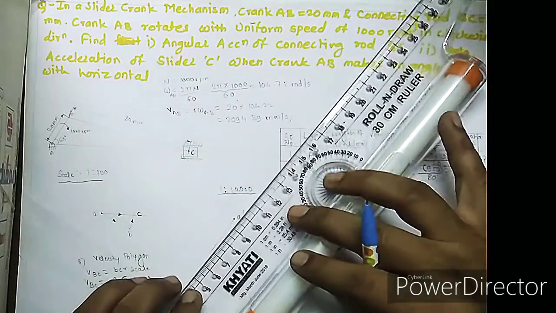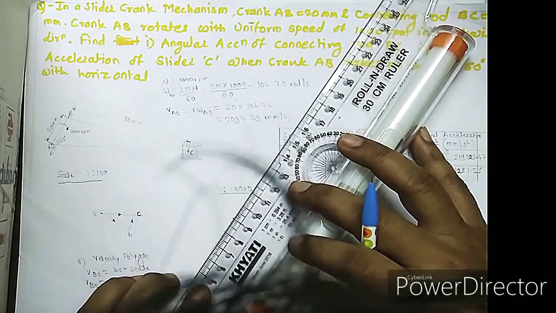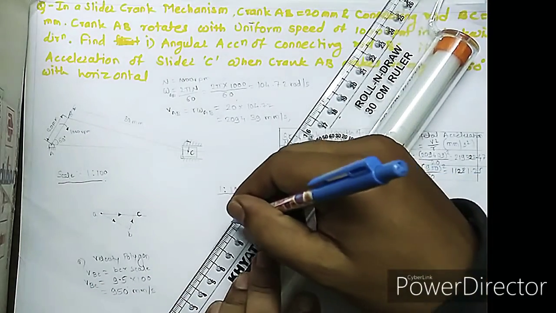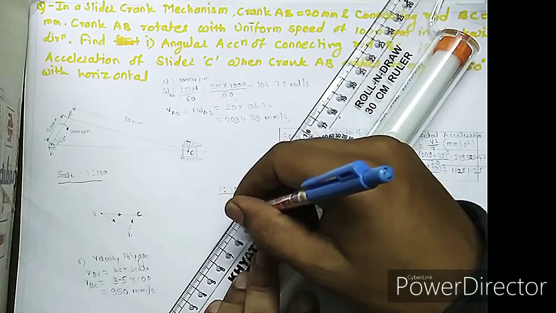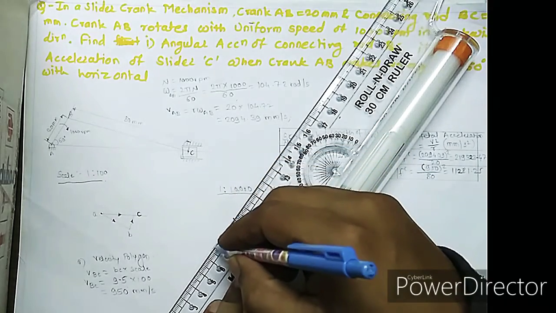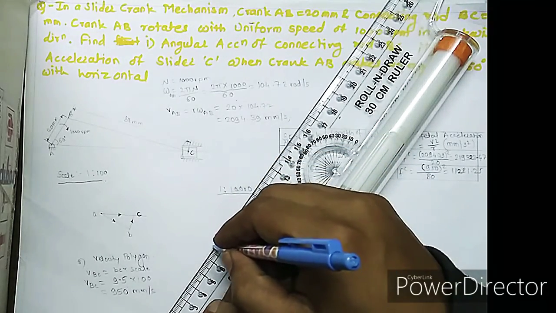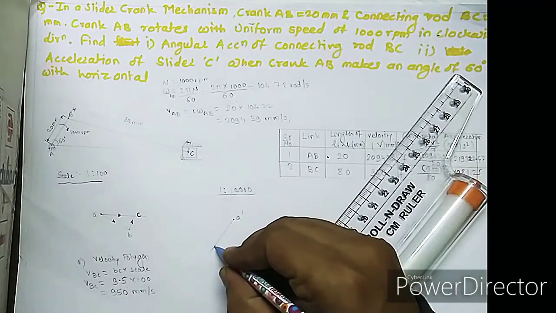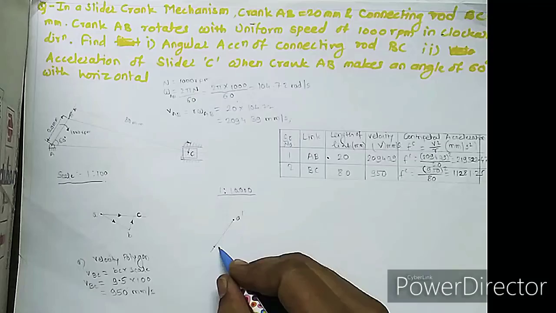By dividing the 10,000 into the FCAB, we get 2.19 centimeter or 21.9 mm. Due to the scale, draw it on the drawn line, mark it as B dash.